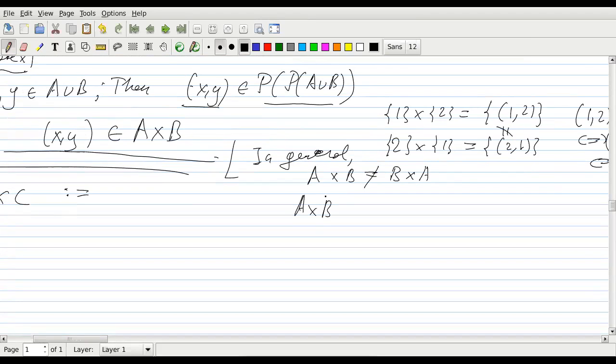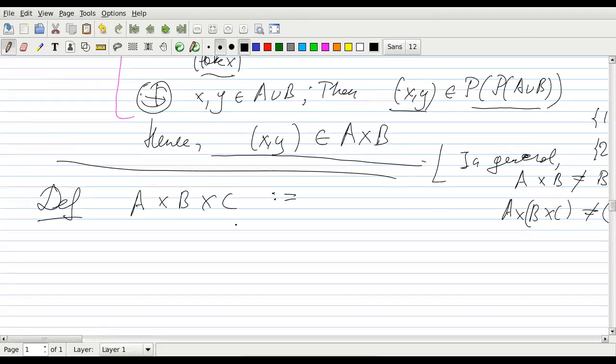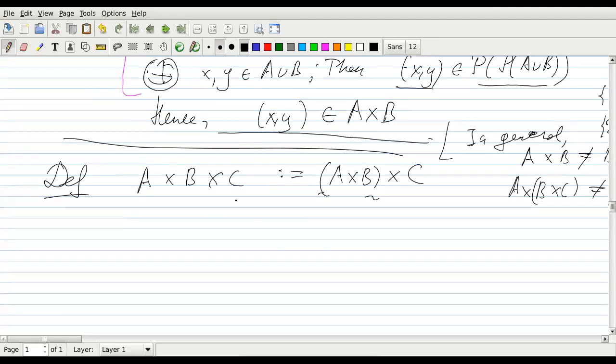And also, it is not associative. So if I have such a product, I need to indicate some places for parentheses. Let's make them left associative.